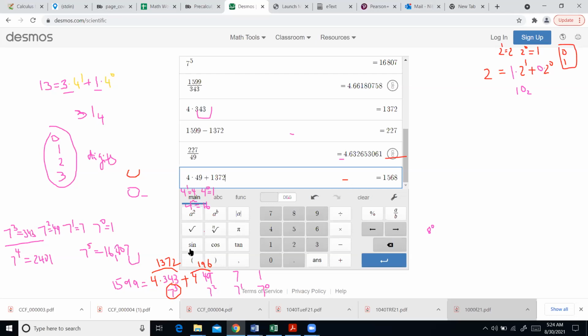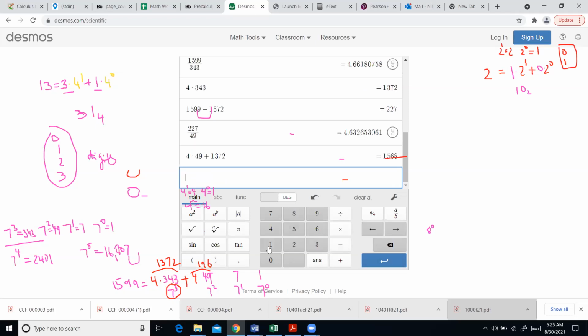So what remains here in 1599, so how far we need to go to get to 1568. Well, I guess I just need to minus these again, 1599 and 1568, right, the one above. And I see that 31 is left.